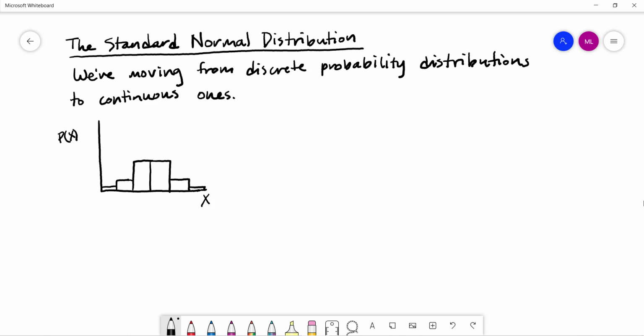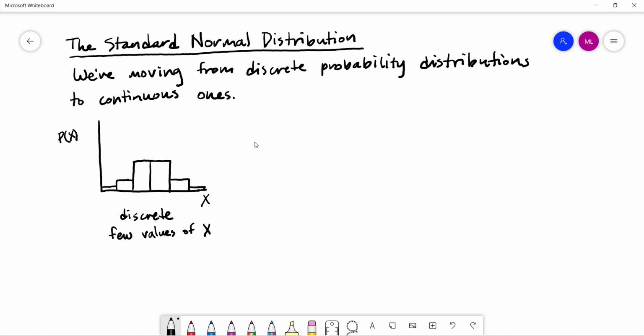This is an example of a case that is discrete, and as you can see, there's only a handful of possible values of x. In this case, I've got 1, 2, 3, 4, 5, 6 bars, so only 6 values of the random variable x.